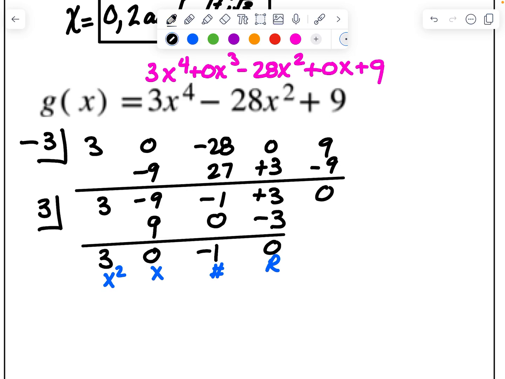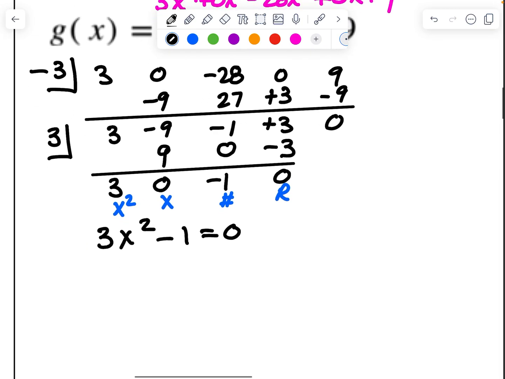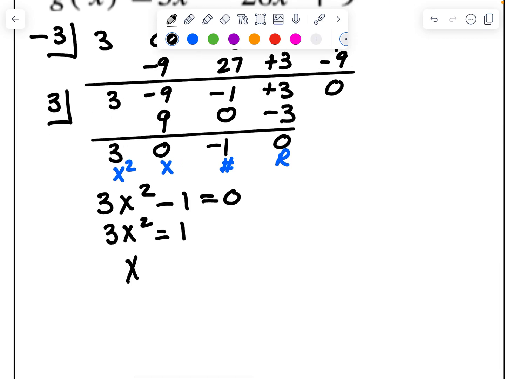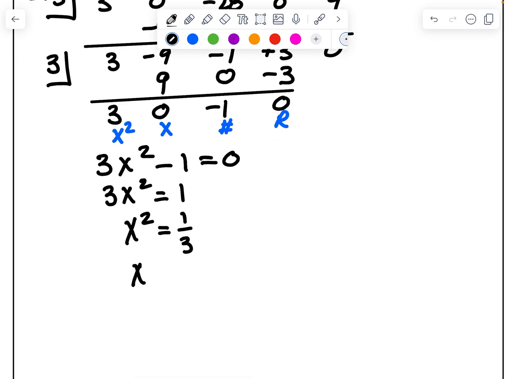So now I have 3x squared minus 1 equals 0. So I'm going to have 3x squared is equal to 1. X squared is equal to 1/3. X is equal to plus or minus the square root of 1/3.